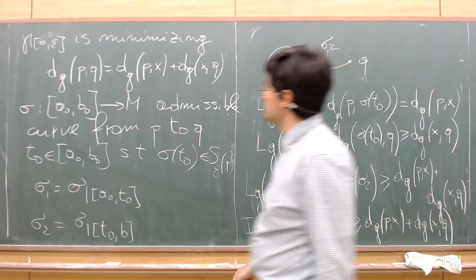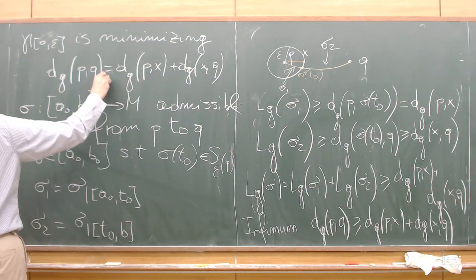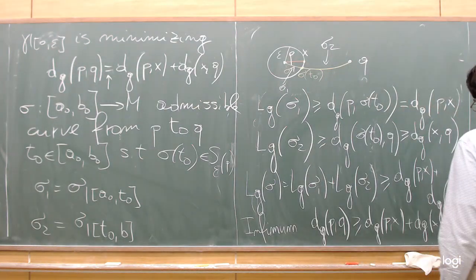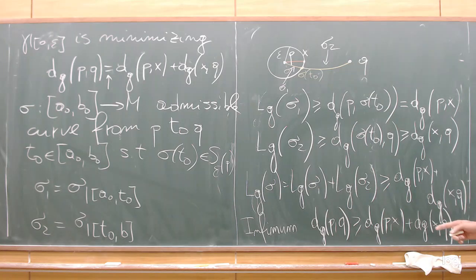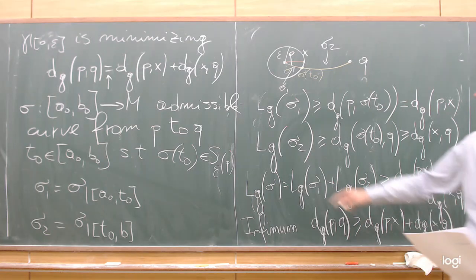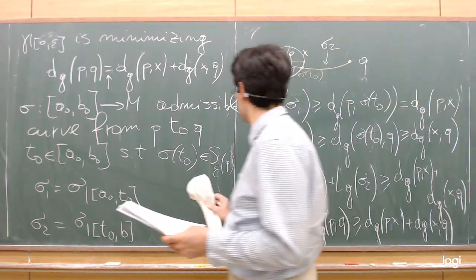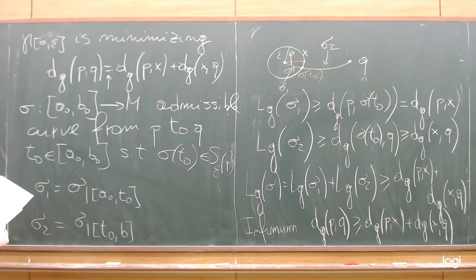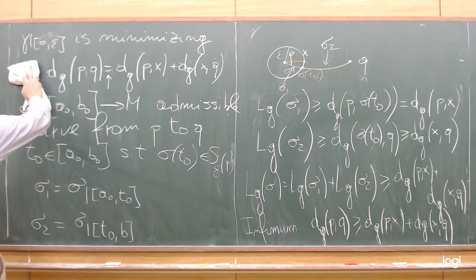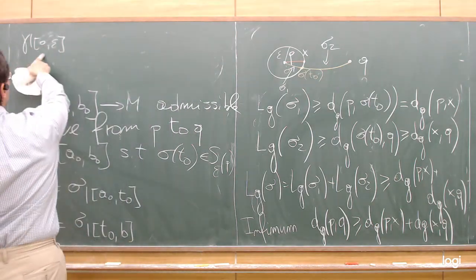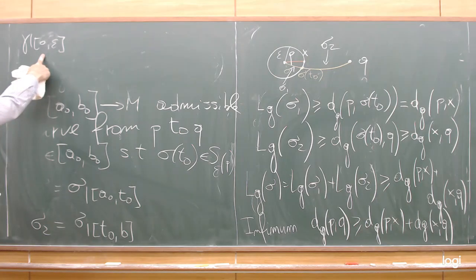We want to prove that the identity holds, and we have just to combine this inequality with the triangle inequality, and we get this one. So what do we do? What we did so far is that this curve here aims at Q.